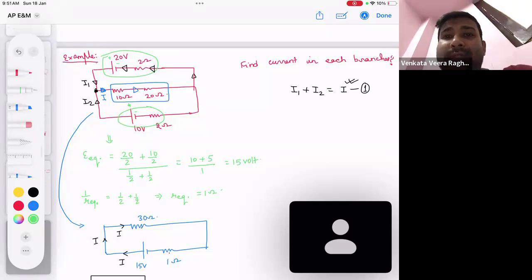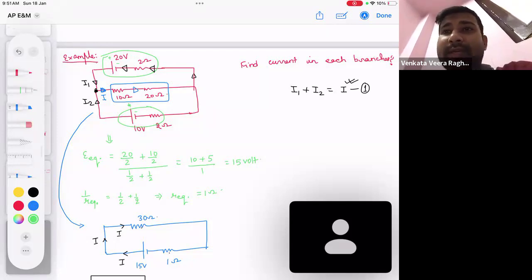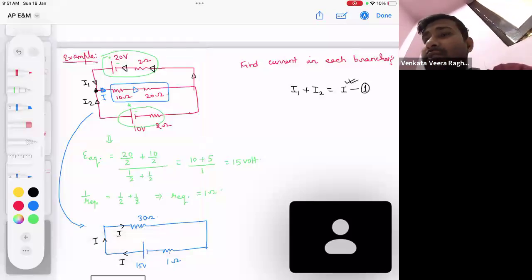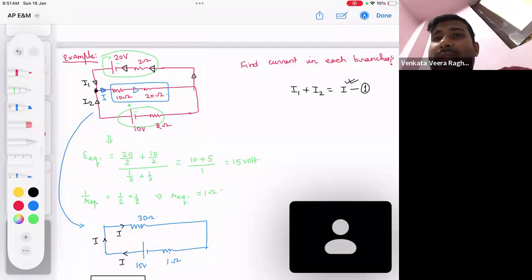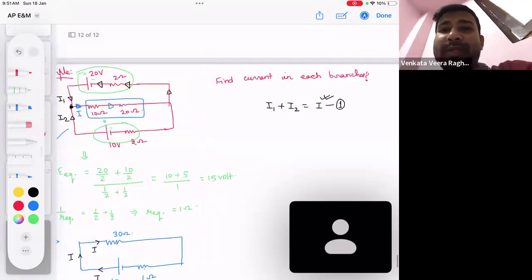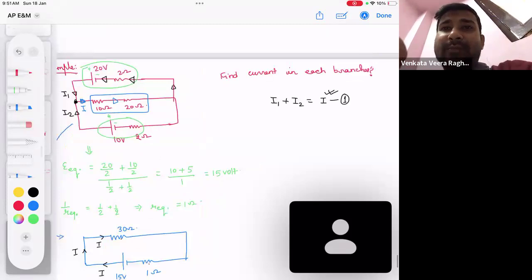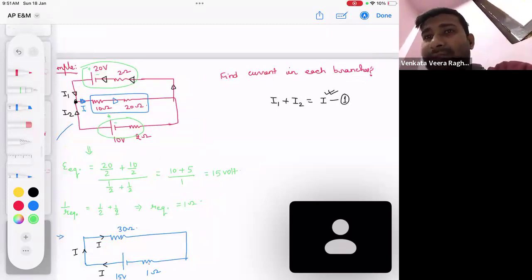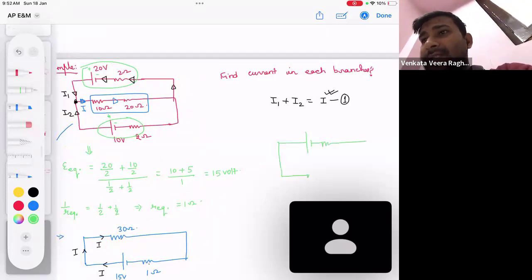Okay. So let me draw this circuit one more time, and then I will show you how I am going to apply the loop law. I'm just going to mark these points, so that it will be easy for understanding.